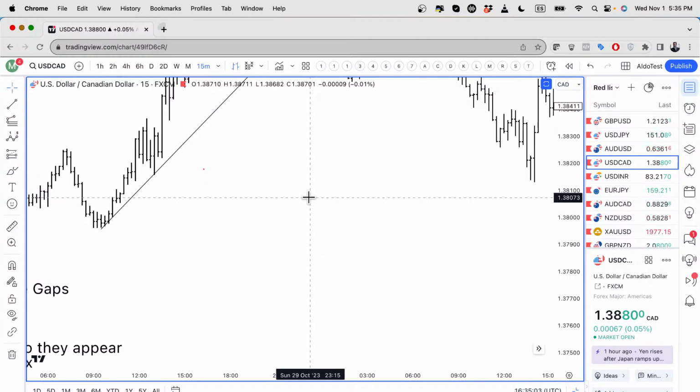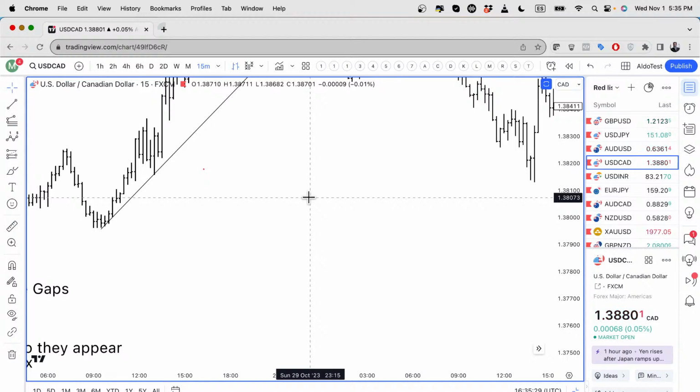Now, having said that, what I explained before about the gaps appearing on a weekly chart or a monthly chart is a matter of significance. When a gap appears on a 3-minute chart, it could really be a common gap. But when the gap appears on a monthly chart, rarely is it a common gap. Rarely, or perhaps never. Logic tells me it's never a common gap.